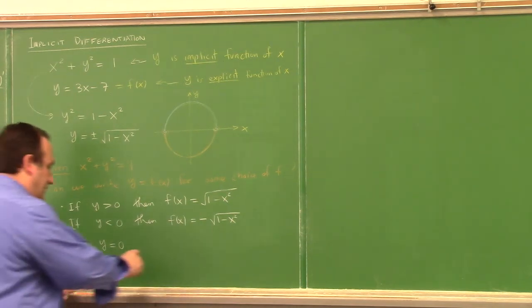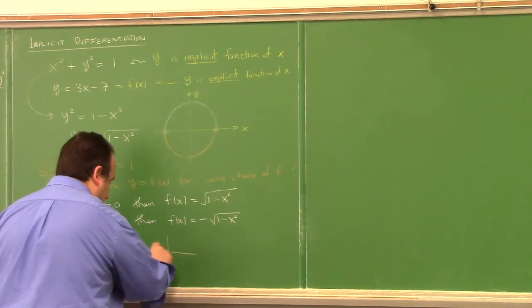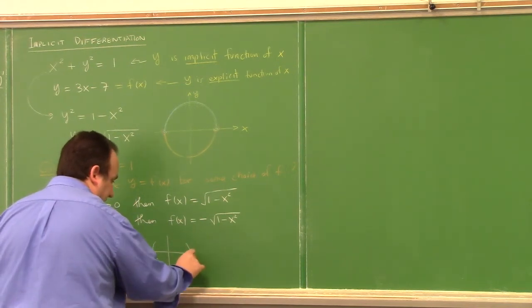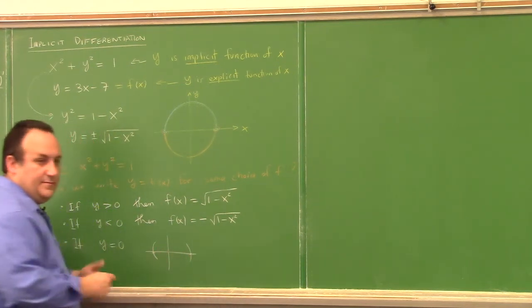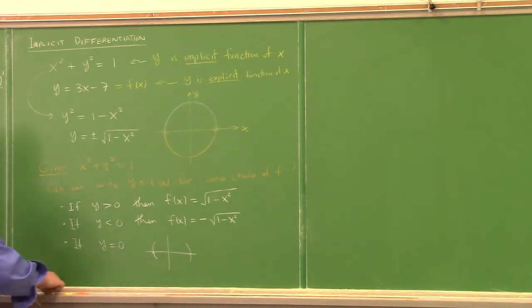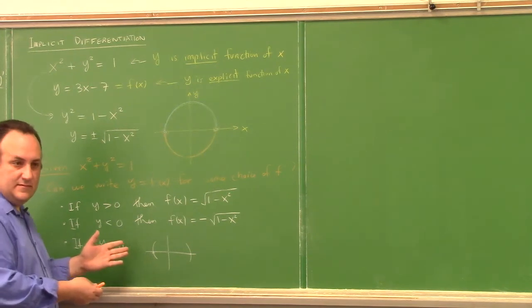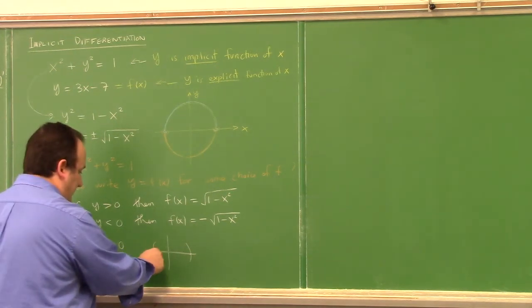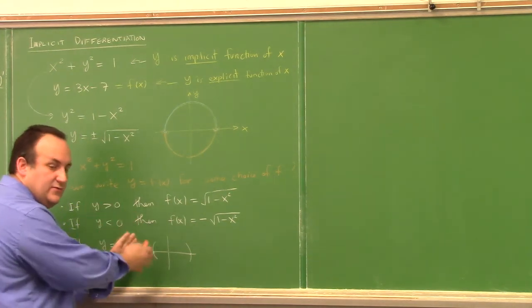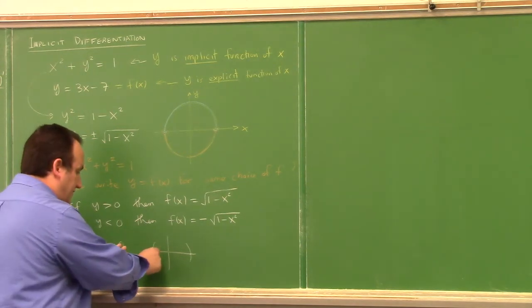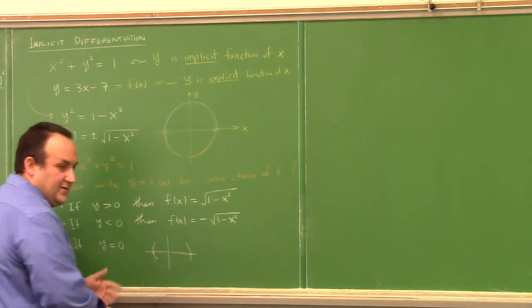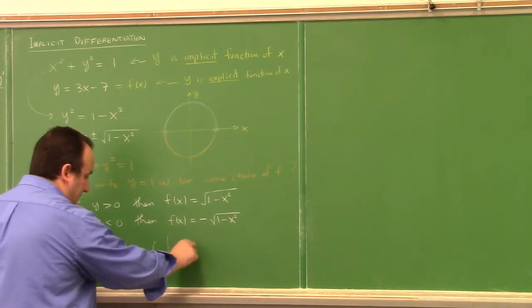Because you'd either be looking at this or you'd be looking at that. And in both cases, when you're at y equals 0, if you're close to that point, what happens? If you're going to try to include where y is equal to 0, it forces you to violate the vertical line test, right? So it's not a function.